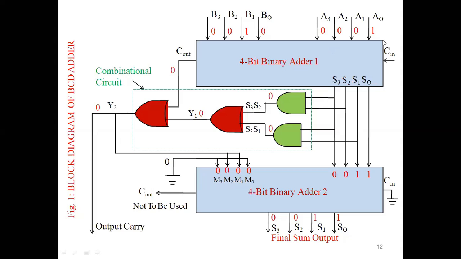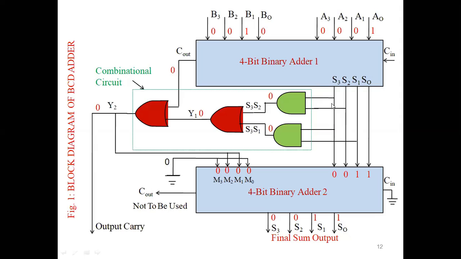Next again 1 plus 0, 1. Then 1 0 plus 0, 0. Then 0 0 plus 0, 0. So S3 S2 S1 S0 values are 0 0 1 1.